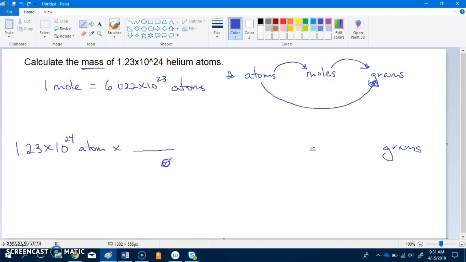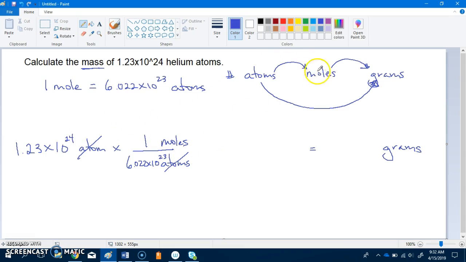I'm going to put atoms on the bottom and moles on top, and the reason for that is I'm trying to cancel out my atoms and convert to moles. So that's how I get my moles. I'll put 6.022 times 10 to the 23 on the bottom and 1 on top. So there's my first jump from atoms to moles.